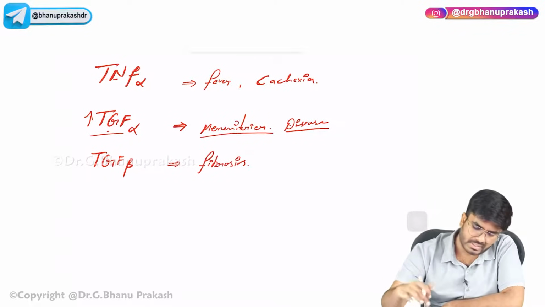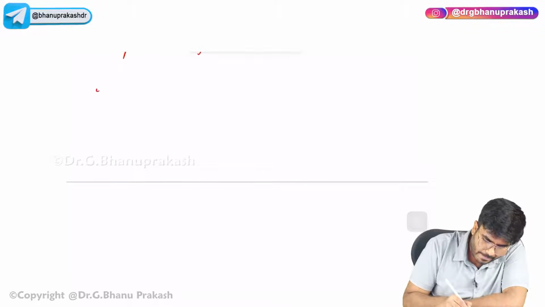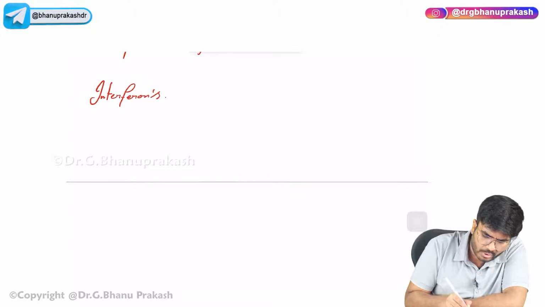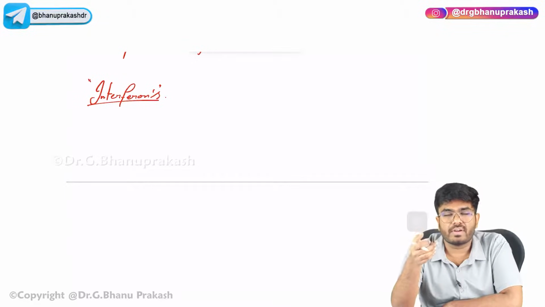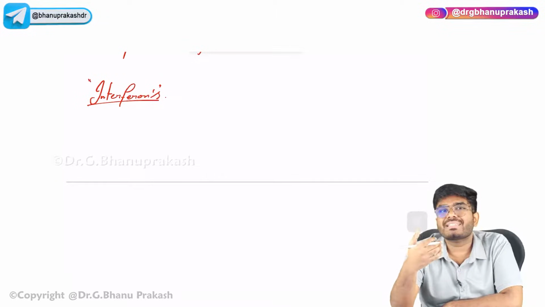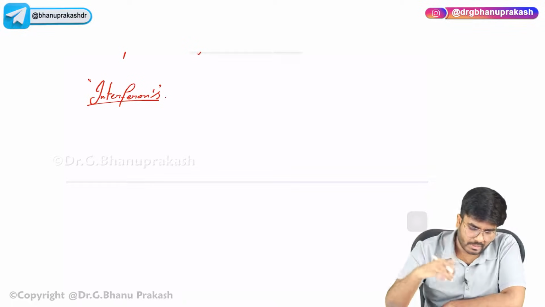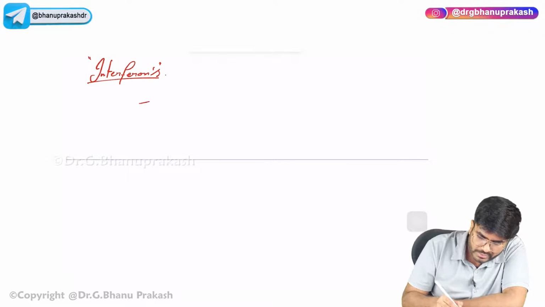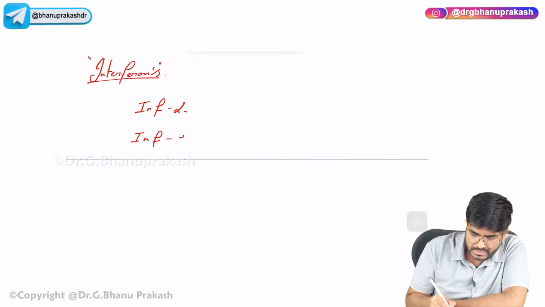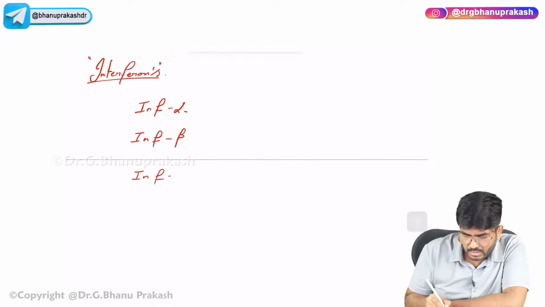Next, let's discuss interferons. Interleukins, TGF alpha, TGF beta, TNF, all these are cytokines. Now, interferons. How many types of interferons are there? There are 3 types of interferons which I want you to know for your exam: interferon alpha, interferon beta, interferon gamma.